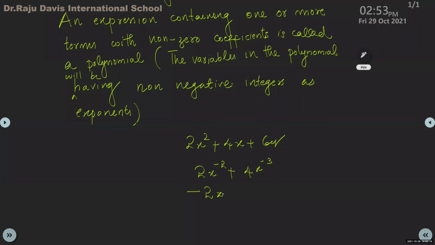See, children, here negative 2x can come. Understood? Exponents means what we write on the top, it should not come as negative. But coefficients can be negative, no problem.